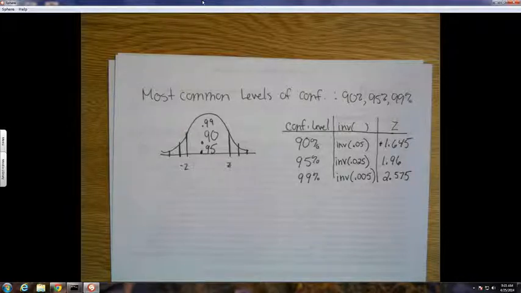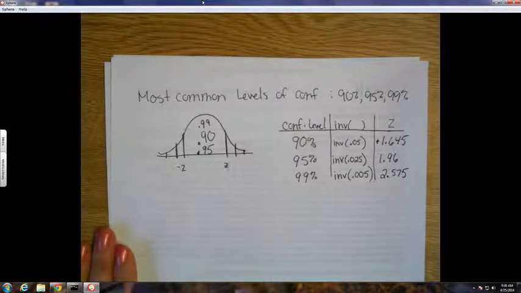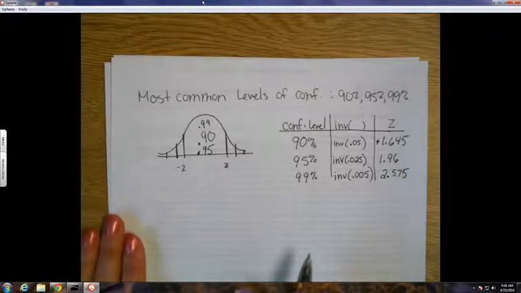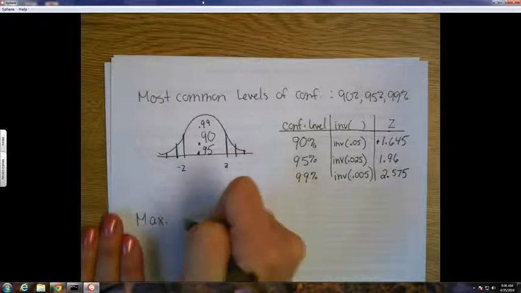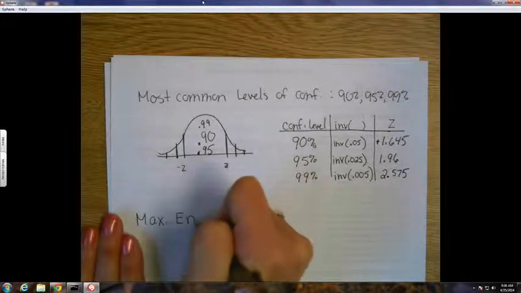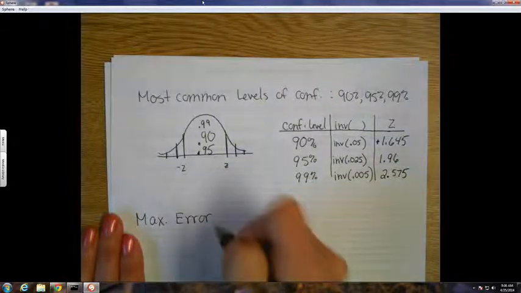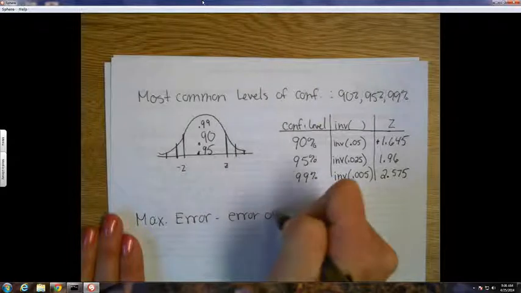So, here we are, working our way to finding a confidence interval. We have to find the maximum error, also called the error of tolerance.